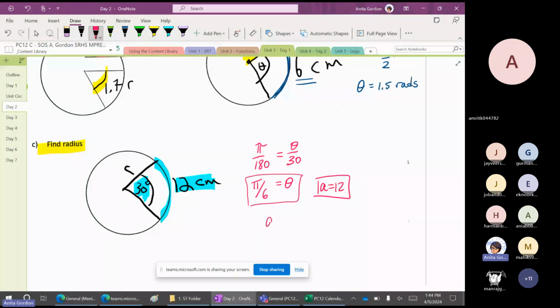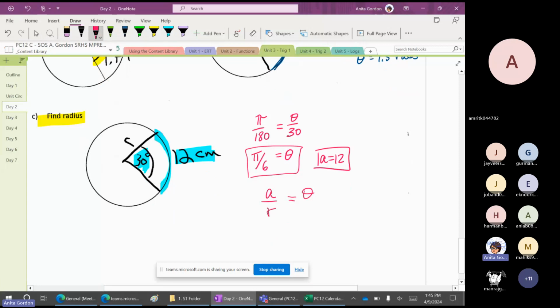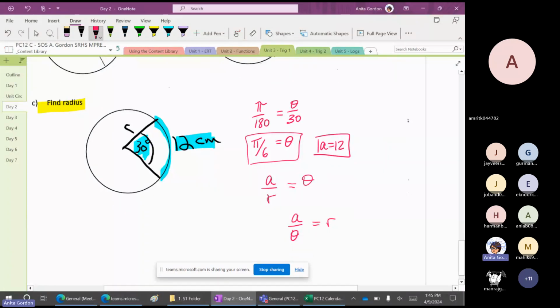A over R equals theta. So that means A over theta equals R. 12 divided by pi by 6. How do we divide fractions?